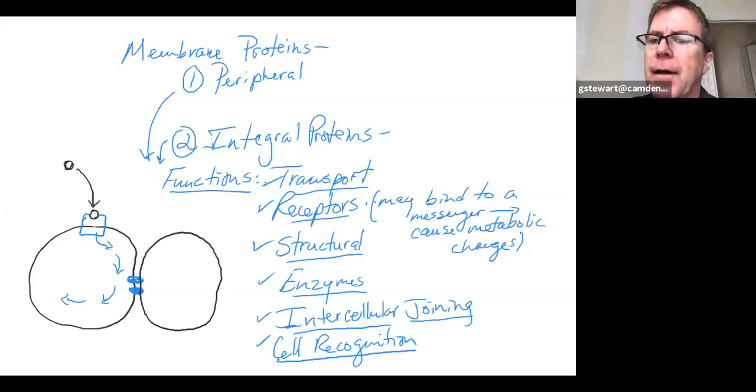All right, the term glycocalyx just refers to the sugar coating on top of a cell, on the outer shell of the plasma membrane.